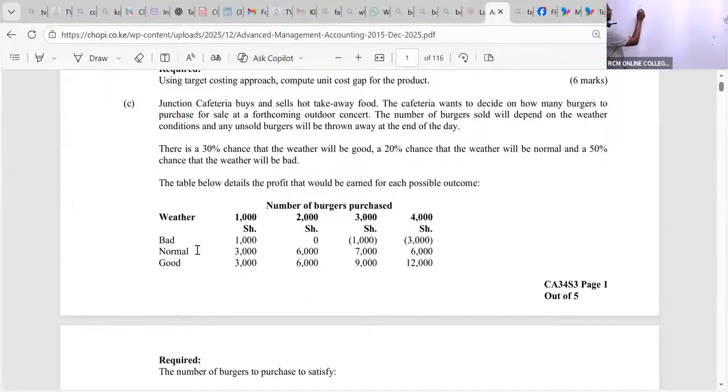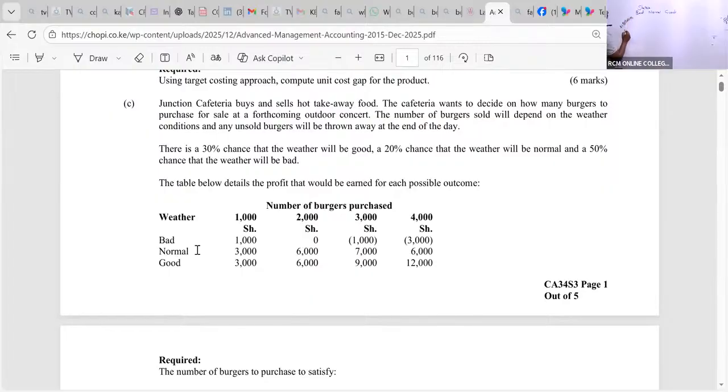So we have states. What do we have there? Bad, normal, and good. And then now we have our number of burgers. I'll simply call them alternatives. These are the alternatives that we want to choose one from.